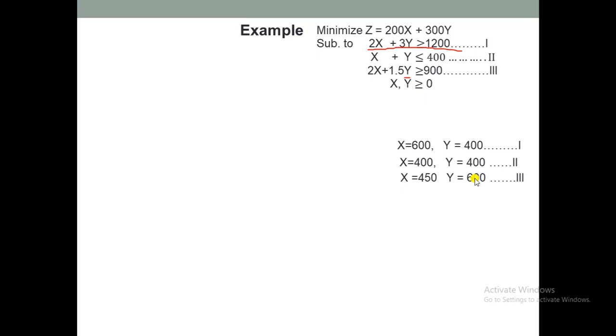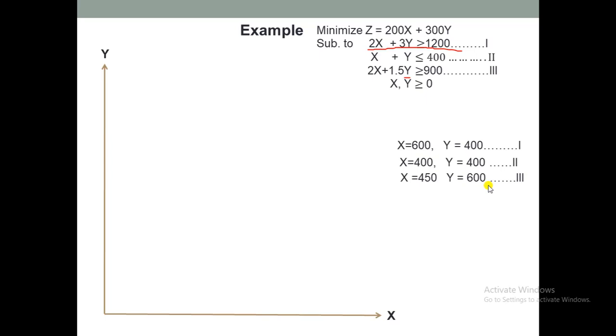As a routine practice, we have to plot them on a graph. So let's have an x-axis and a y-axis. Once again, the same practice: we have the maximum value of x as 600 and the maximum value of y as 600, so we want the coordinates up to at least 600.